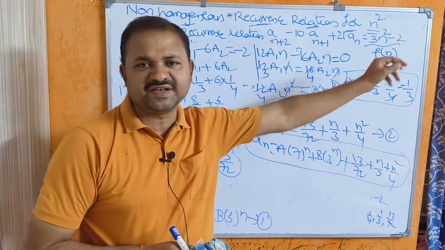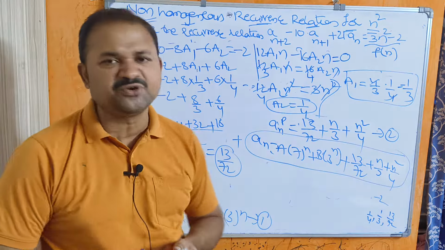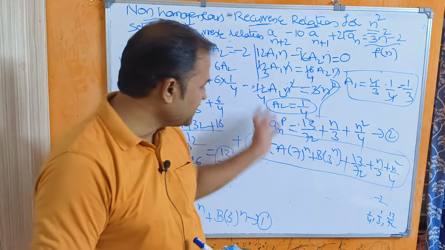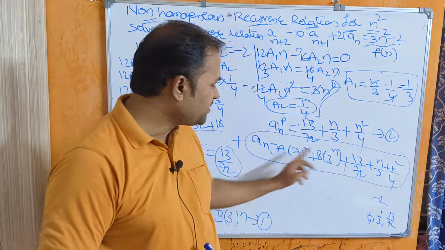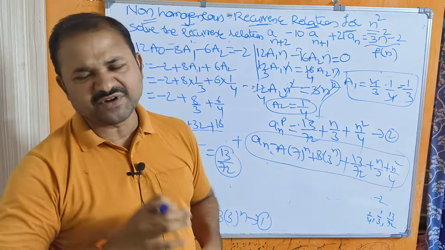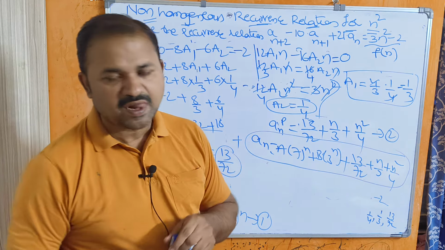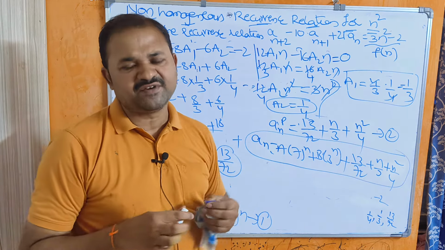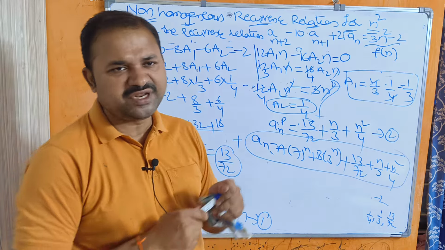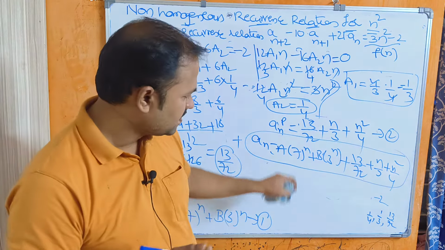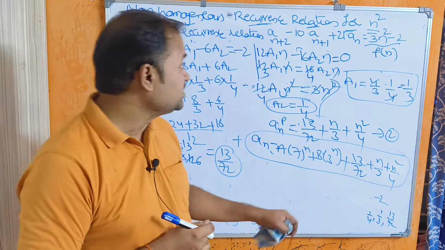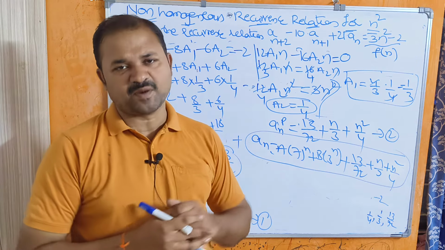Likewise, if A1 is given, in place of n we have to substitute 1. Then based on those two equations, we can obtain A and B values. After obtaining A and B values, substitute them in this equation. But in this example, A0 and A1 values are not given. So there is no need for further procedure. So we can stop the process now. So this is the general solution for this problem.